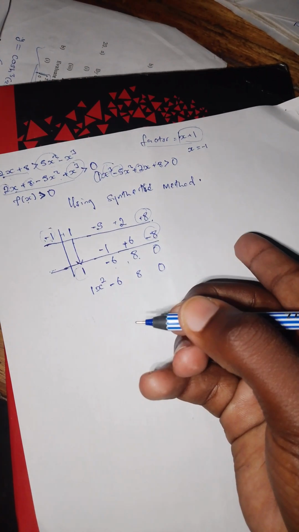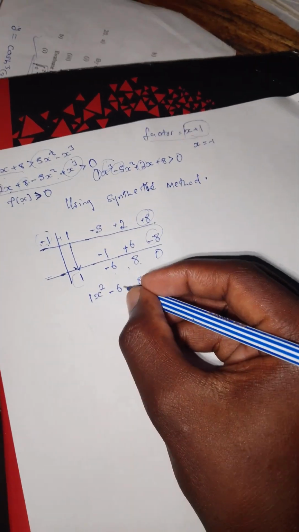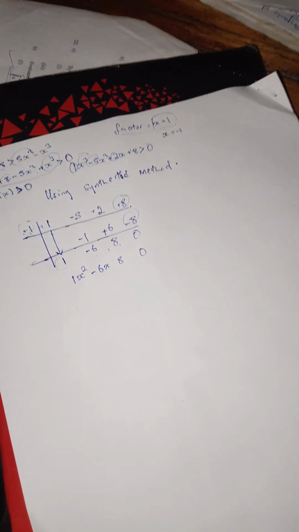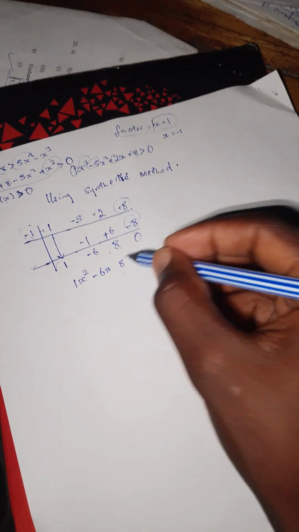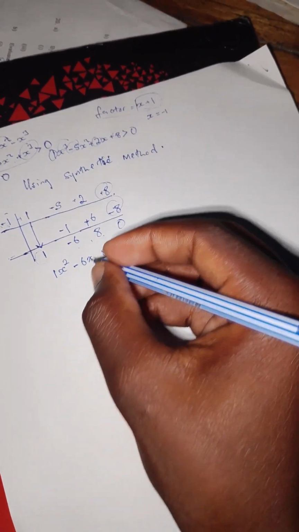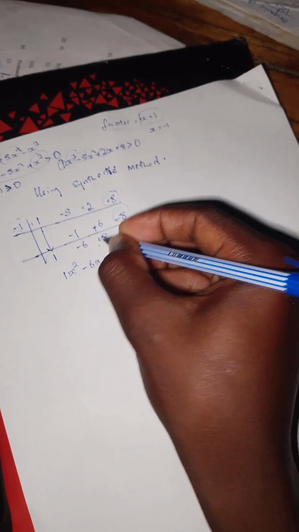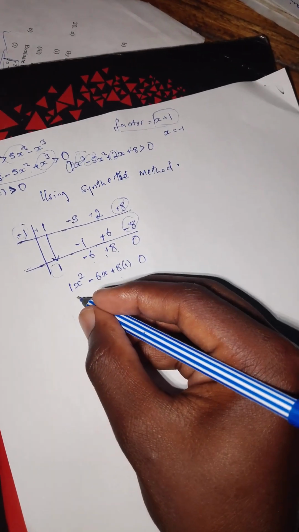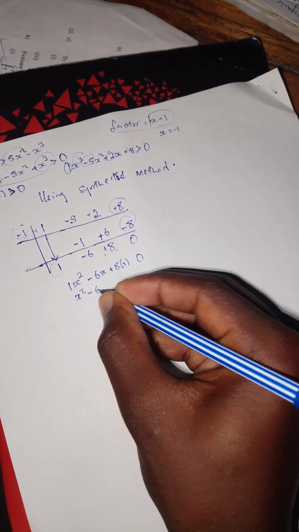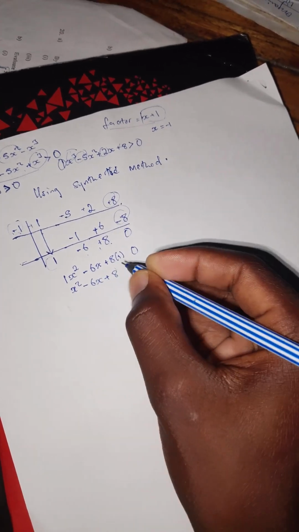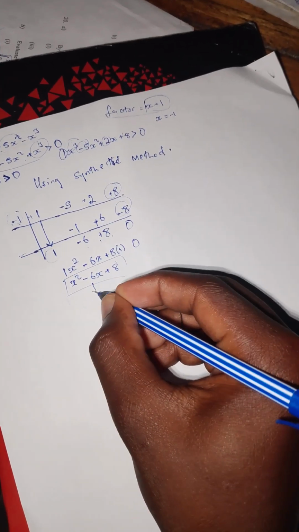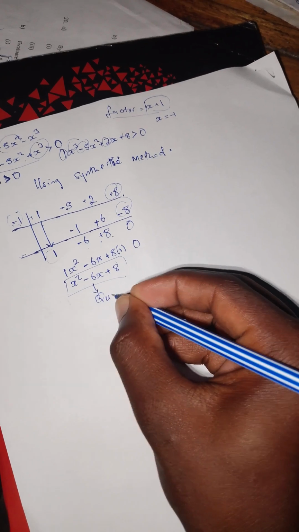The second one, reduced by 1, is x. Then x to the power 0 is 1, so you don't put anything there. So that will be x squared minus 6x plus 8. What you get here is what we call the quotient.